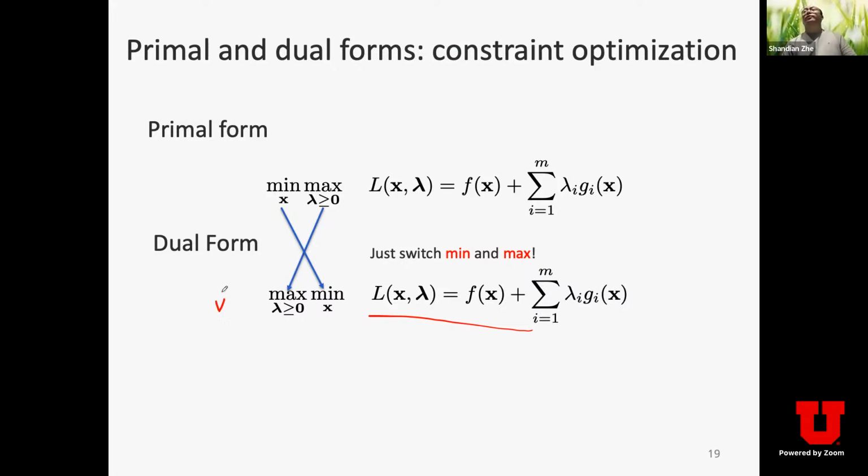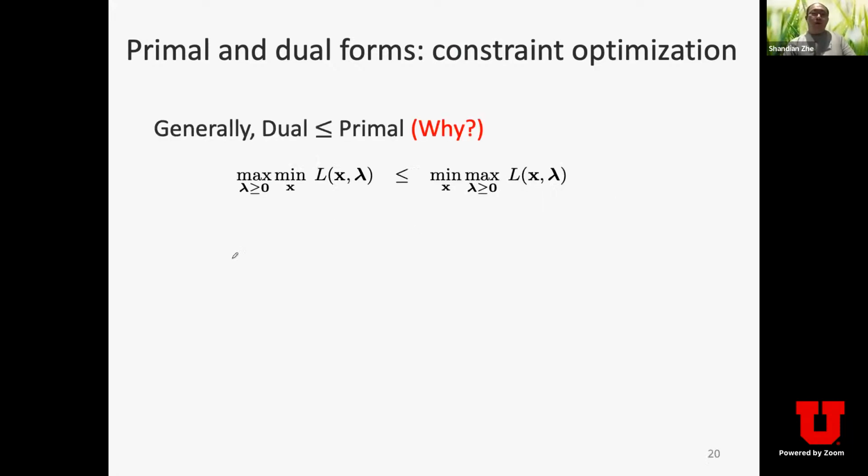And in general, the solution of the dual form is different from the primal form. There's a known conclusion that if you get the solution for the dual form and the primal form, then the function value at the dual optimum will be upper bounded by the primal optimum.